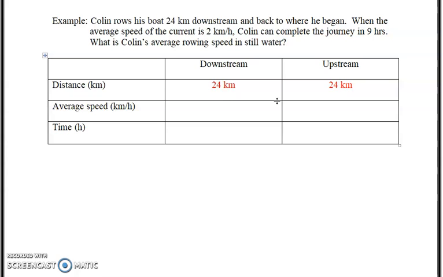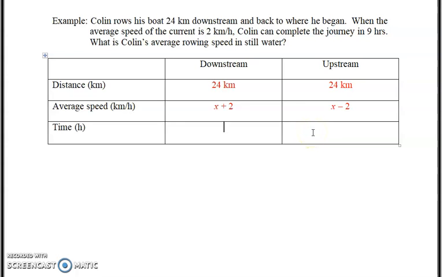So downstream, usually the current goes with you, so it's going to be an unknown x plus 2. And obviously, if you're upstream, you're going against the current, so it's going to be your speed minus 2. X is the unknown value here.